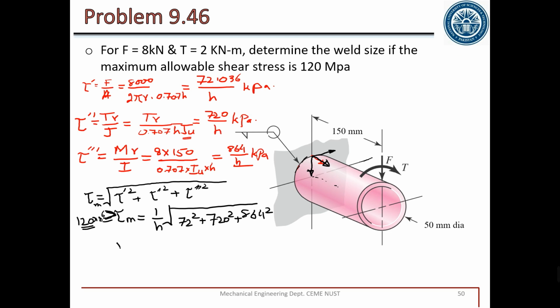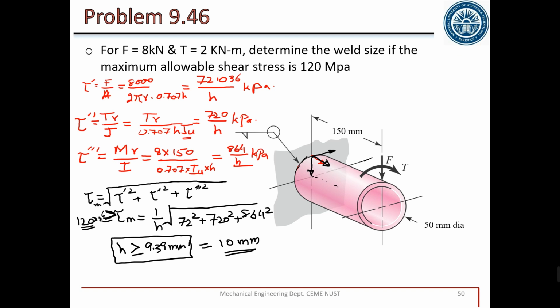Solving for h, the final answer is h should be greater than or equal to 9.39 mm. So the size of weld should be more than 9.39, or we can say it has to be equal to 10 mm for a safer weld. So this weld will be safe if the weld size is 10 mm.